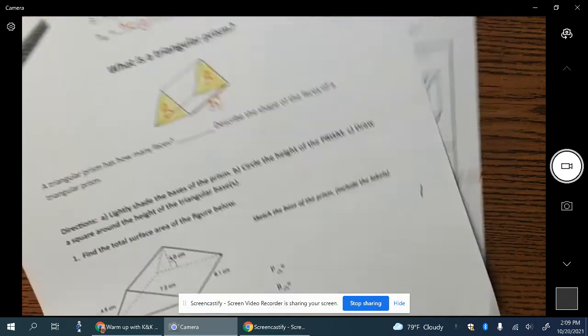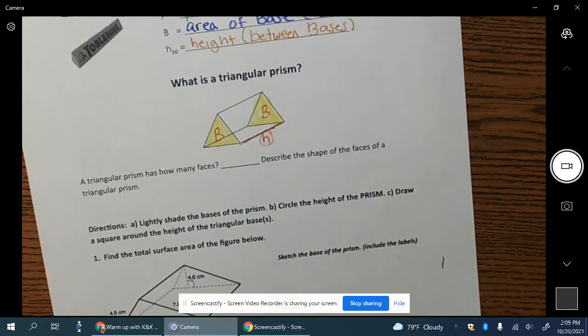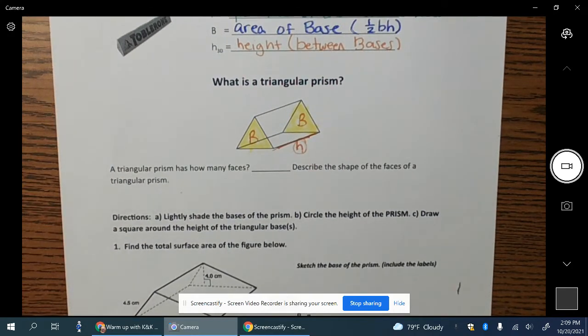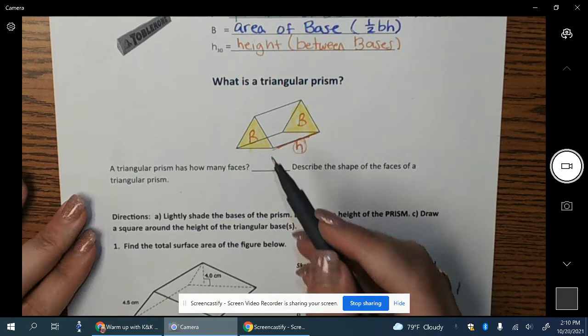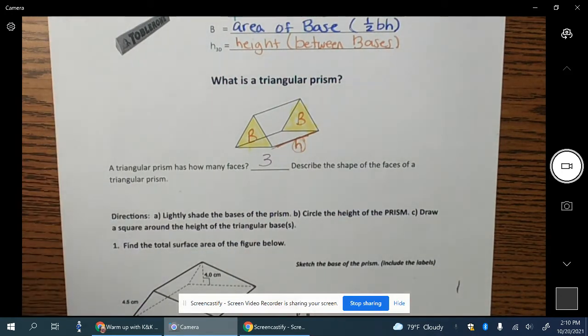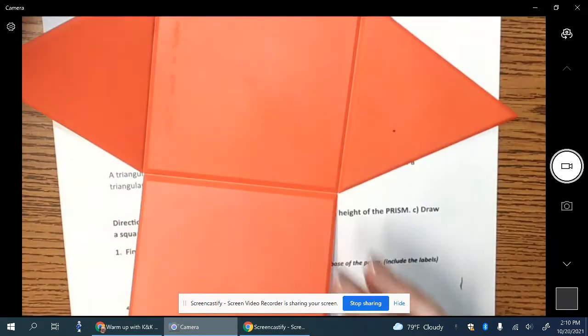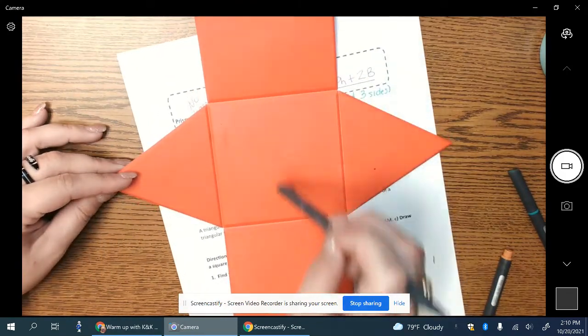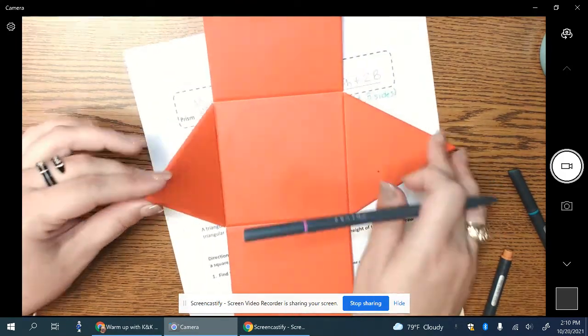Okay? All right. So bases are the things that are parallel. The other things are called faces. How many faces are there? There's 3 faces. Okay? Faces are the things that are not bases. So this is the net that we used last year. These are faces. These are bases.